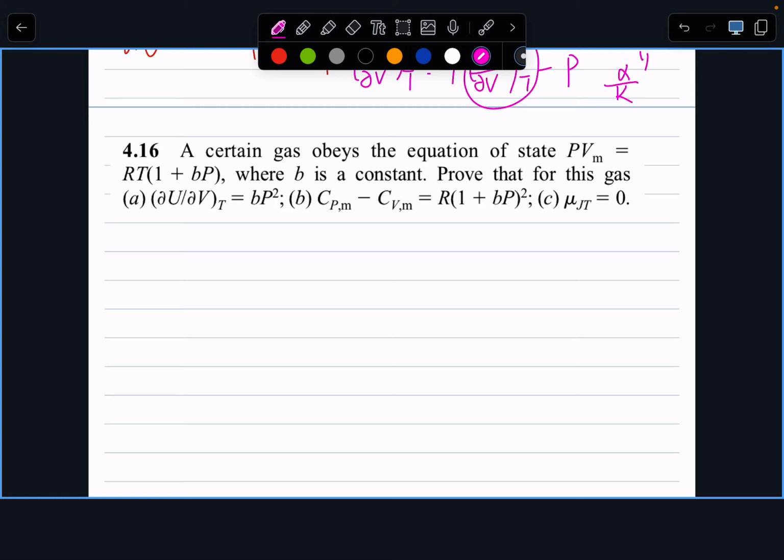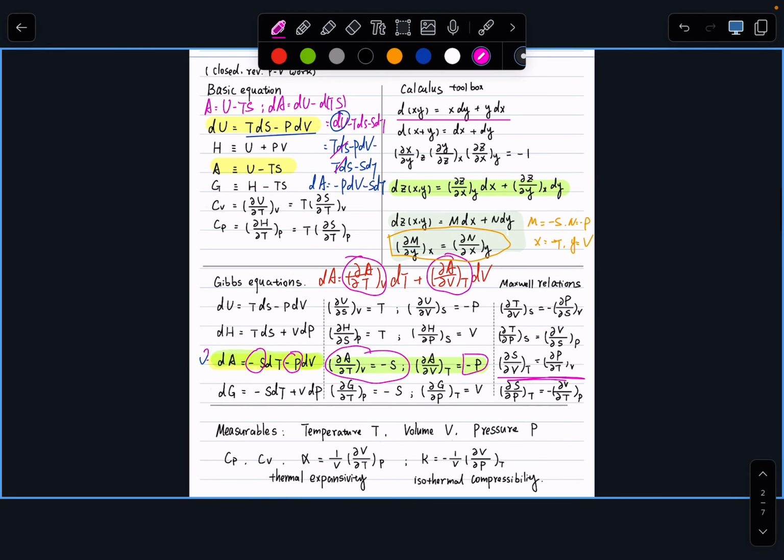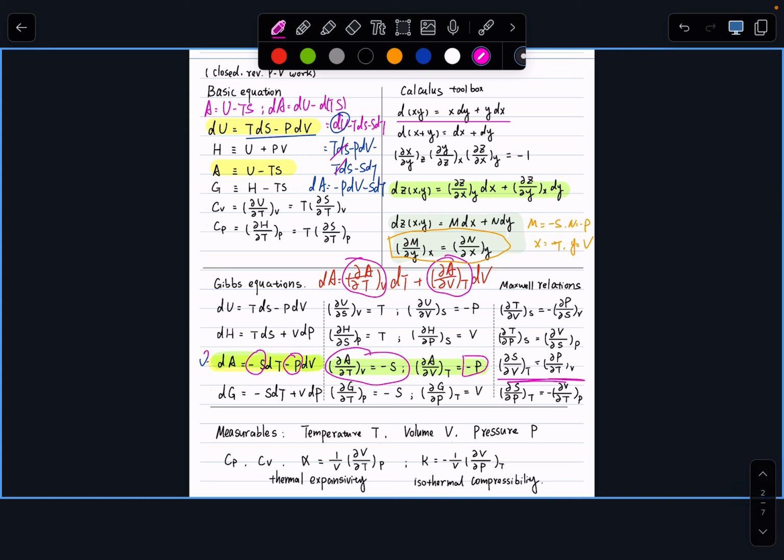So alternatively, we can use my dP over dT at constant V, dT over dV at constant P, and dV over dP at constant T. This goes to -1. Right, so that's just our calculus. But since I have all the information, let me come back here so you can see the toolbox we're using.